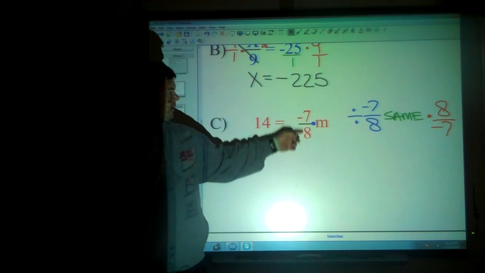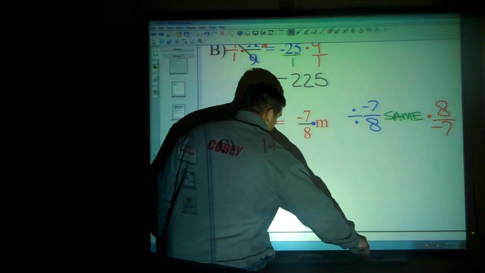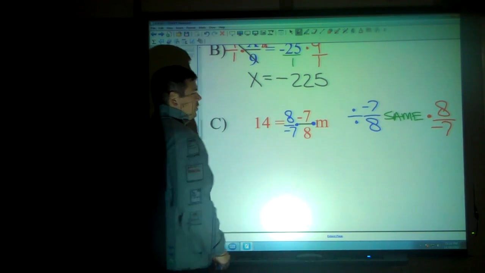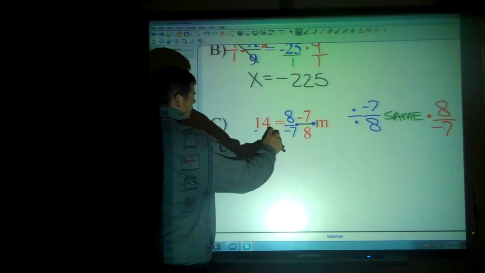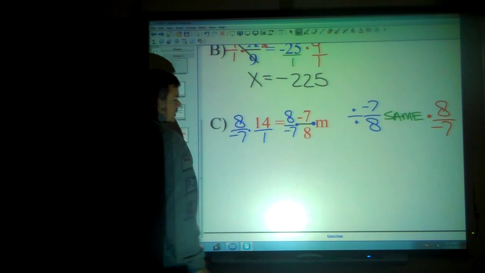If you want to cancel out a fraction, multiply by its reciprocal. It'll go away. So we'll multiply here by 8 over negative 7. But whatever you do to one side, you must do to the other. So I make that a fraction and multiply it by 8 over negative 7.